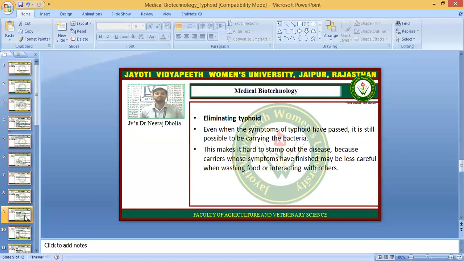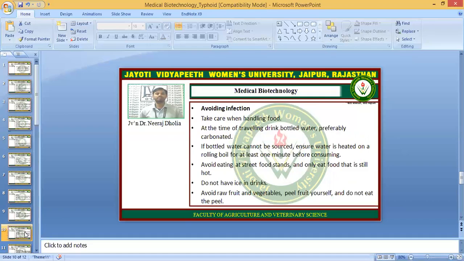So if the symptoms are gone, you still have to complete your treatment, because in the non-symptomatic condition, you can spread the disease to the others.